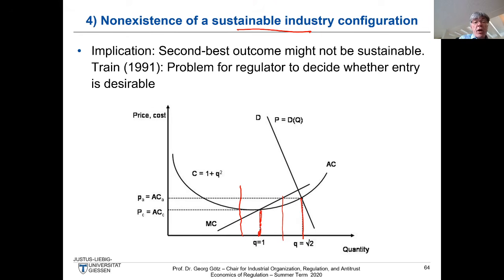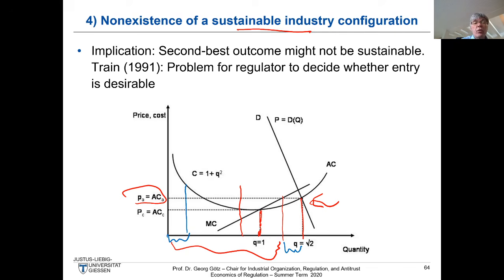If one firm enters with this output, at a price which is slightly lower, in order to produce the whole efficient second best output, the incumbent would have to produce this output, and if it produces this output, its costs are much higher.